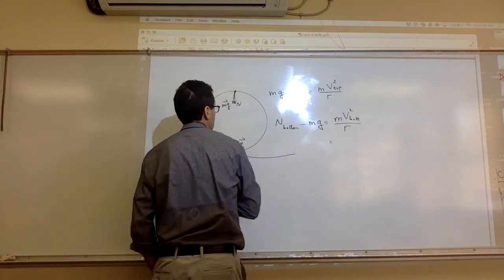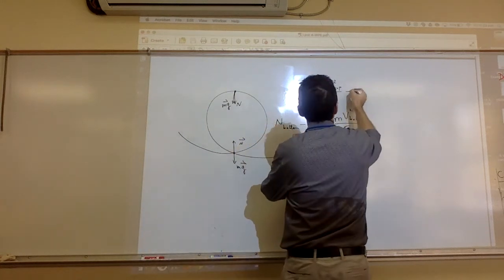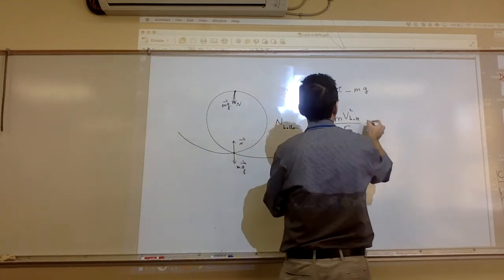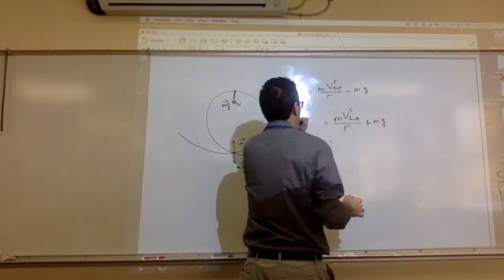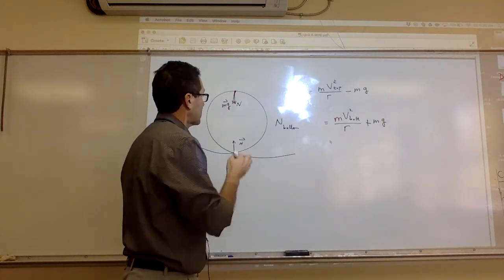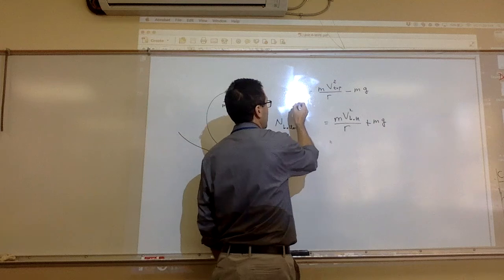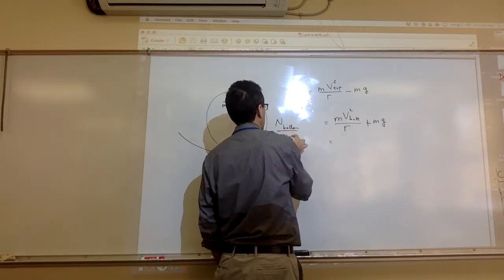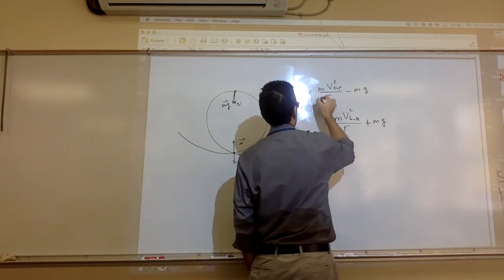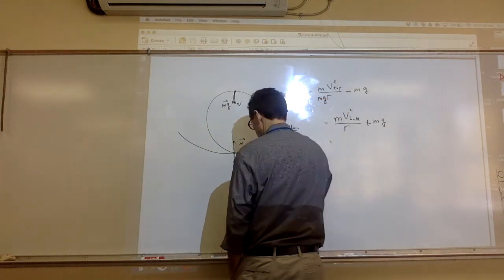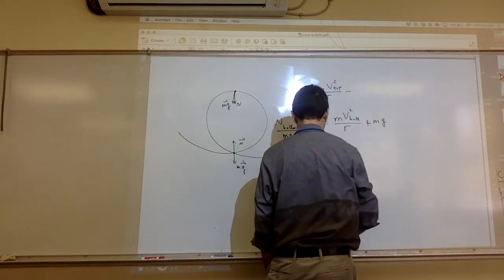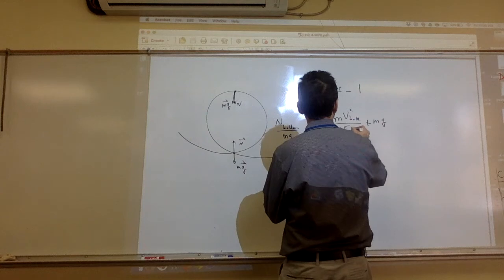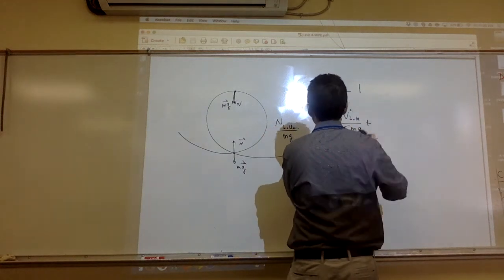So moving the mg over, this is going to be plus mg. To find the g force here, you can just divide by mg. The other side is going to become a 1, and if I divide by mg, I get a 1 here.